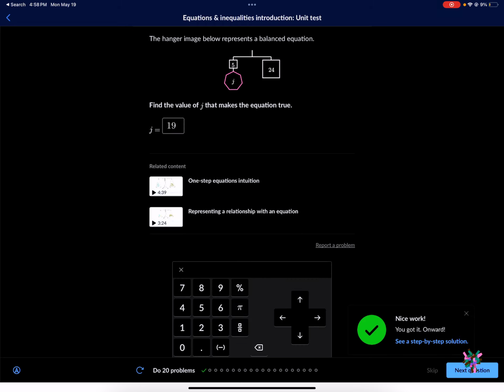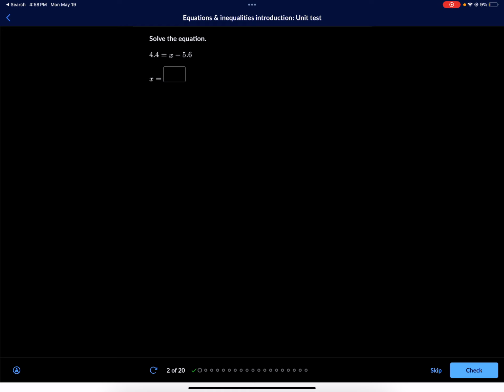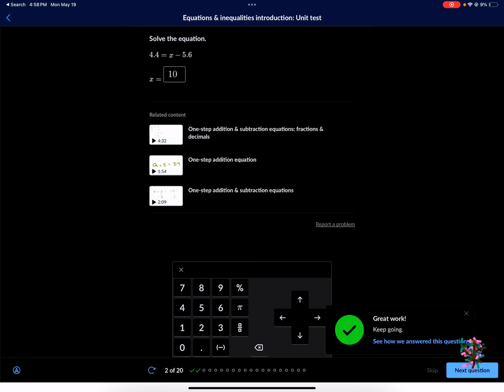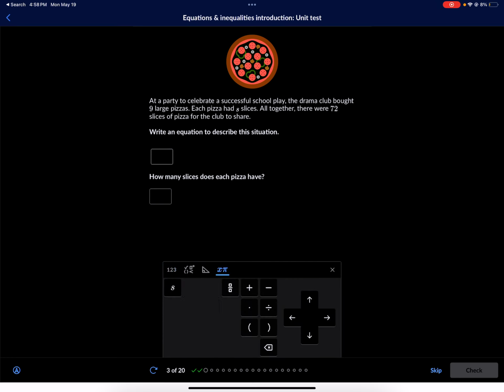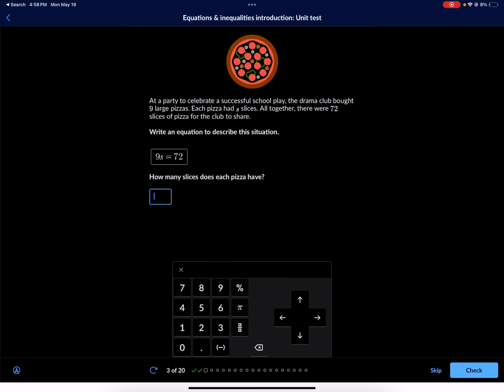The answer is 19. If you got that right, good job. The answer is 10. If you got that right, good job. Okay, so let's do 9s equals 72, and each slice 8.